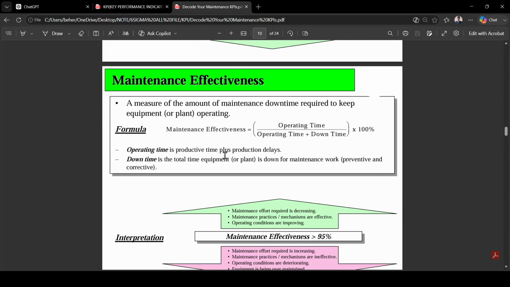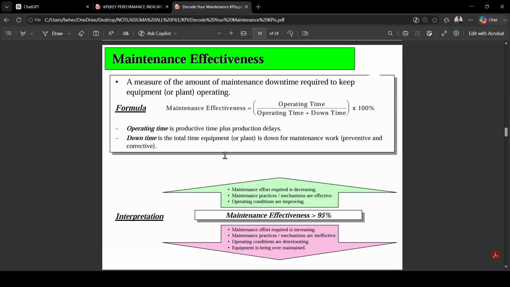Then maintenance effectiveness. What is maintenance effectiveness? It is a measure of the amount of maintenance downtime required to keep equipment or plant operating. Maintenance effectiveness equals operating time divided by operating time plus downtime, multiplied by 100%.